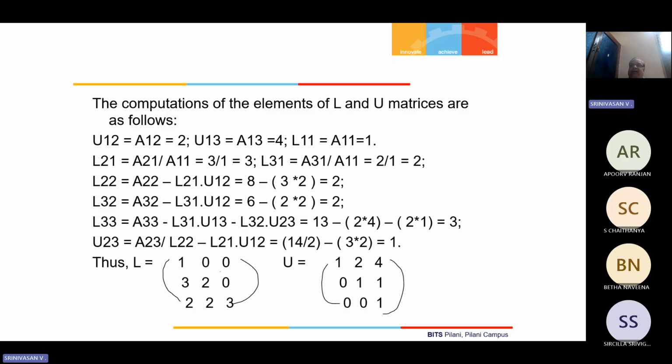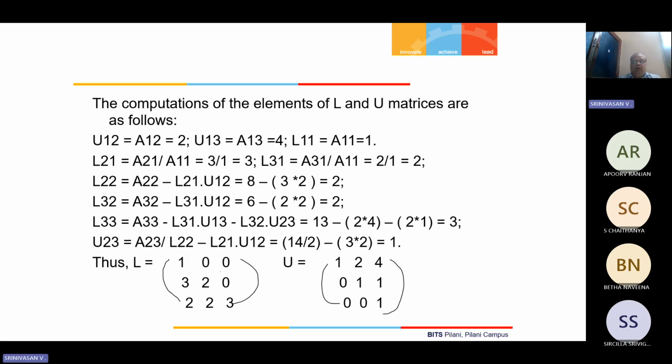But you cannot easily find it, because the U23 formula is A23 minus L21 into U12, divided by L22. Therefore, we have to go through so many steps here. We can't immediately jump to U23, so for the time being we will set it aside. So we will start finding the entries of L now.